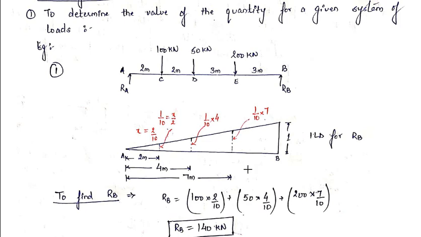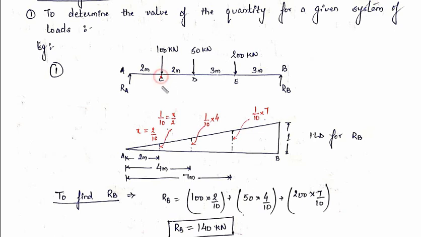We have to find out the value of Rb, so we will draw the ILD for Rb. This is the ILD for Rb, we know that. In order to find the value of Rb, find the values of the ordinates under these loads. There are 3 point loads: 100 kilonewton, 50 and 200 kilonewton.